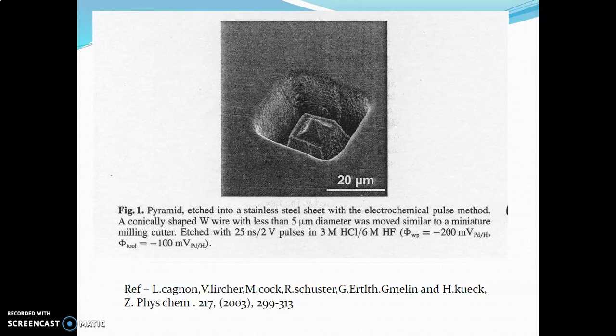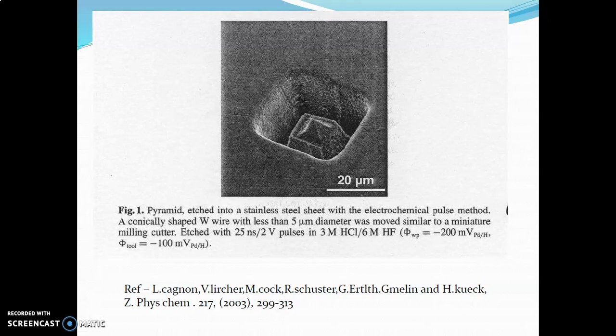You can imagine simply that the diameter of the wire is less than 5 micron and it was moved similar to how we use a milling cutter, each with 25 ns, this parameter.